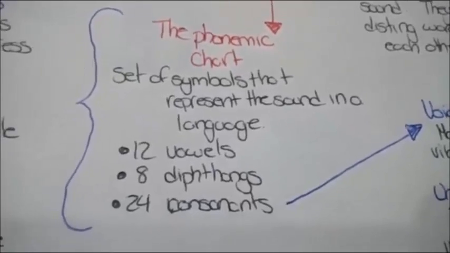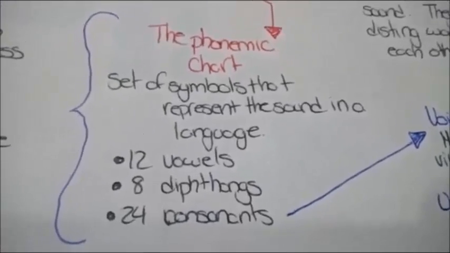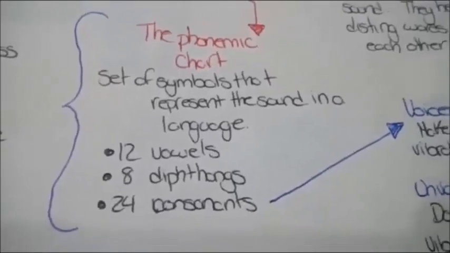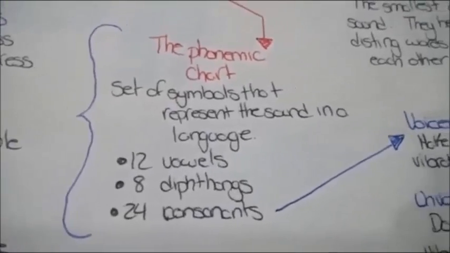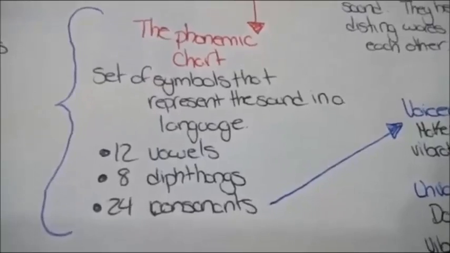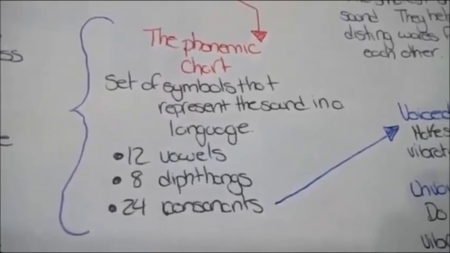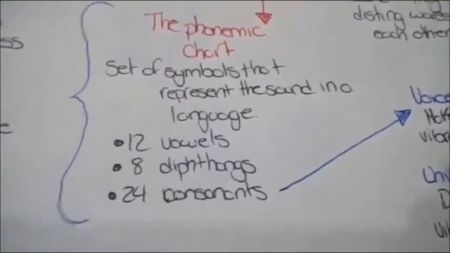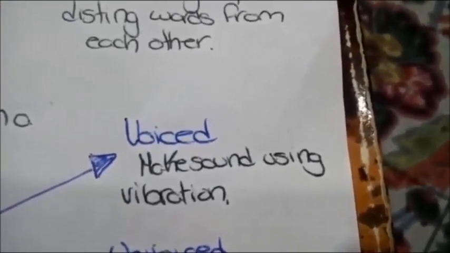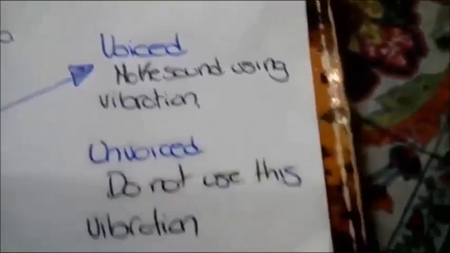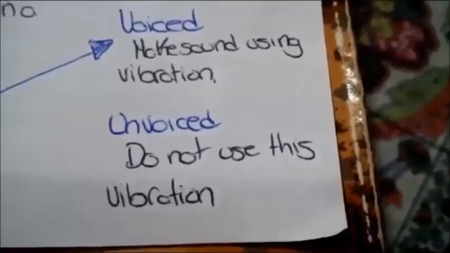The phonemic chart is a set of symbols that represent the sounds in a language. In the phonemic chart, we have 12 vowels, 8 diphthongs, and 24 consonants. We have voiced consonants that make sound using vibration, and unvoiced consonants that do not use this vibration.